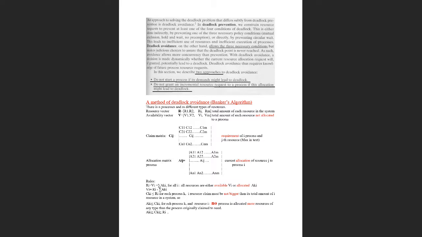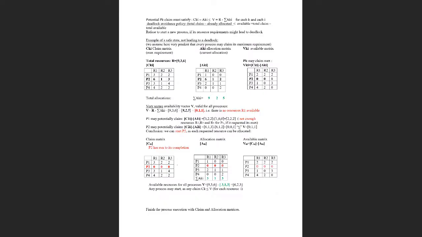So the relation, the double inequality between those elements, is: the allocation of a certain resource for a certain process is less than whatever the process can claim, and all of them are less than all existing resources for that specific resource.